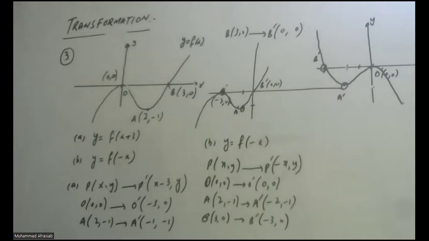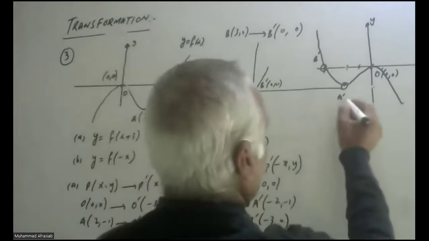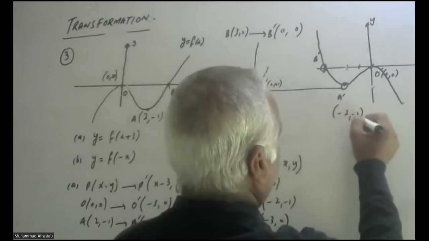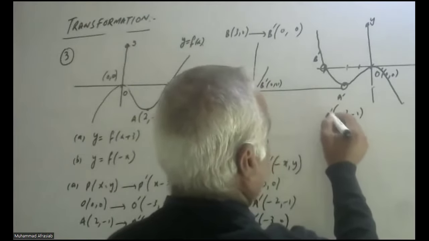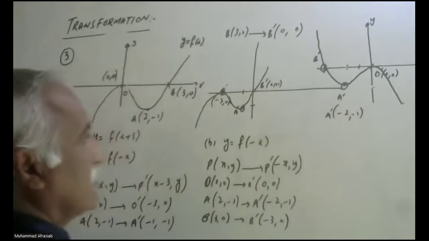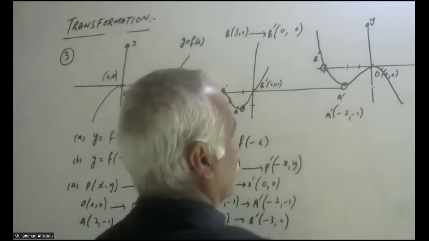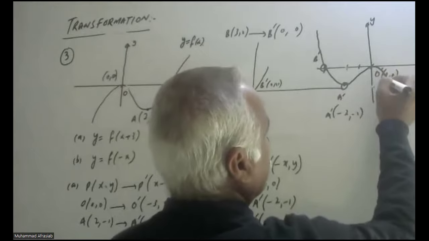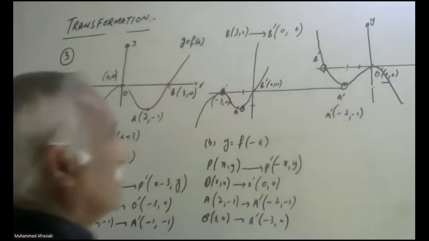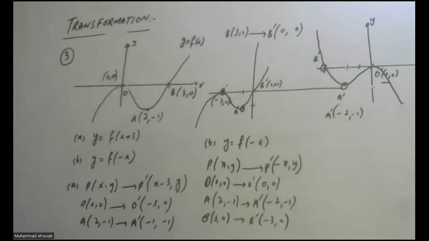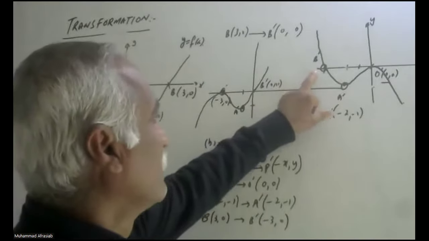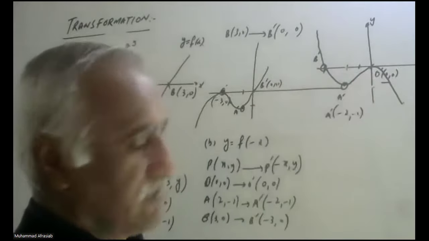Now the minimum point is lying at (-2, -1), and the maximum point is the origin, (0, 0). And it is going to cross the x-axis at (-3, 0) and (0, 0).